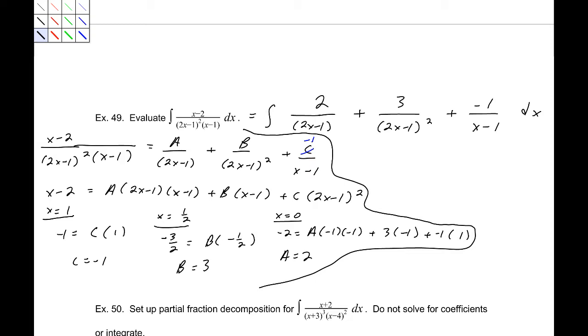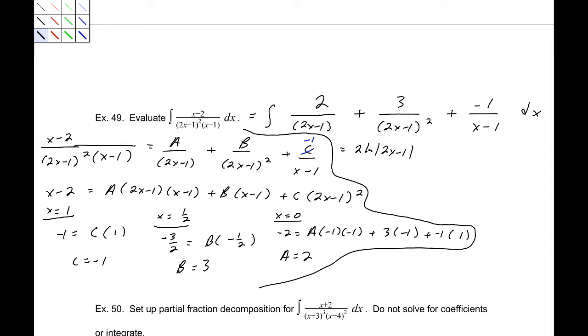Okay, now what we are going to do is take the integral of each of these. My first thought is 2 natural log of absolute value of 2x minus 1. Now we have to be careful about that because of the u substitution. We would have a factor of 2 in there.